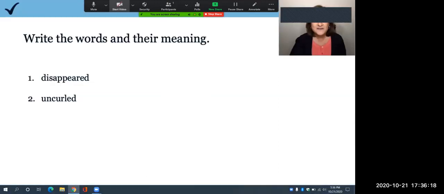We can learn even more about Sky Tree by looking very closely or examining words that Thomas Locker chose to use in this text. We're going to examine these words using one of my all-time favorite strategies called outside in. So let's have a go.